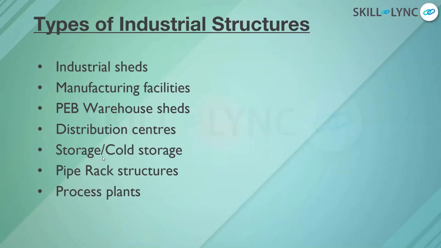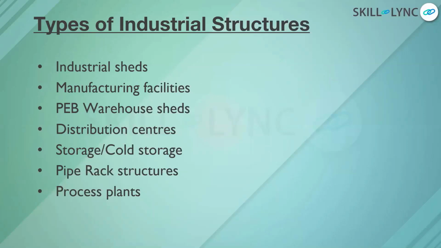If you take storage, that is a warehouse or cold storage systems, where the outer frame will be packed with steel structure, normally with L angles or C sections, and then they will go with cold structures.